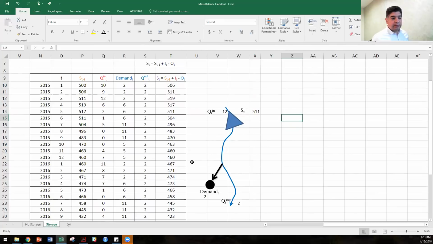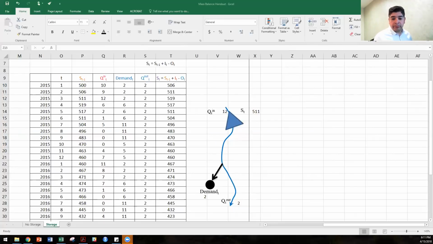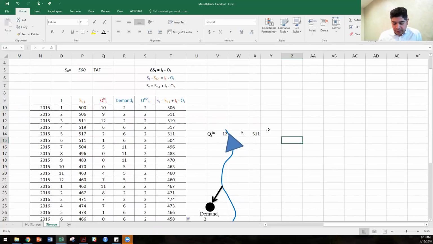Now, just to finish the class, let me summarize the things that I want to show you again. We are using the mass balance. The mass balance is used once we define a control volume.